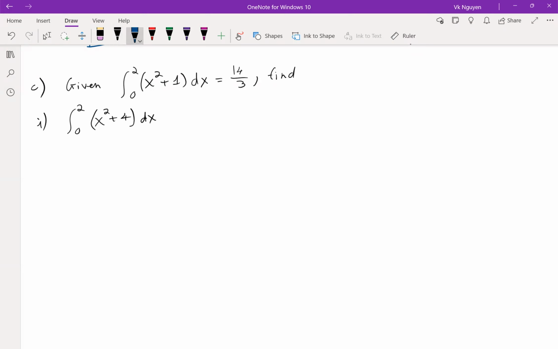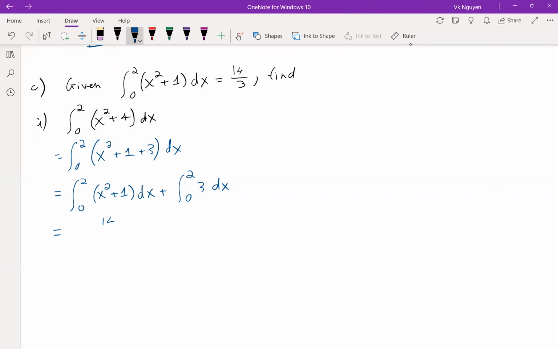Well, we only know the integral from 0 to 2 of x squared plus 1 dx. So we can split 4 into 1 plus 3, 0 to 2, x squared plus 1 plus 3 dx. Now use property of integrals. Split this into two integrals, 0 to 2, x squared plus 1 dx plus integral 0 to 2, 3 dx.